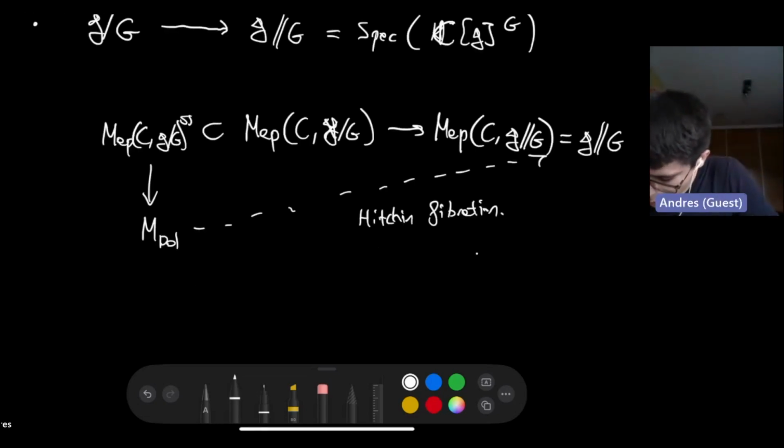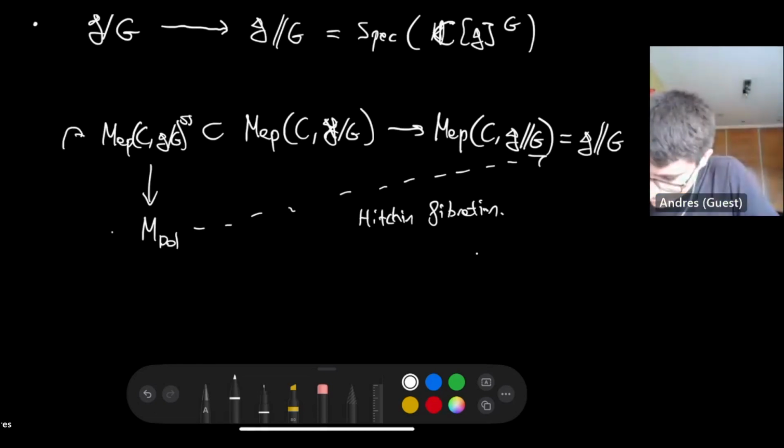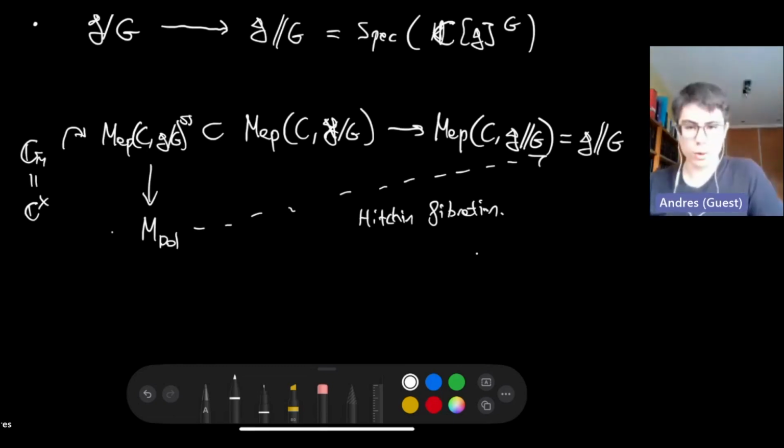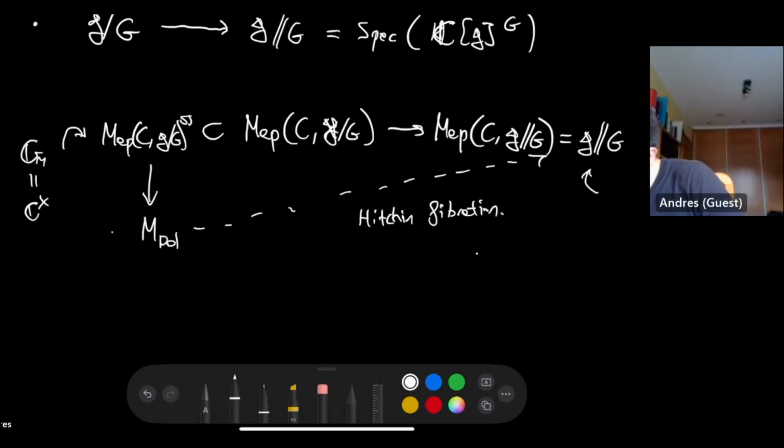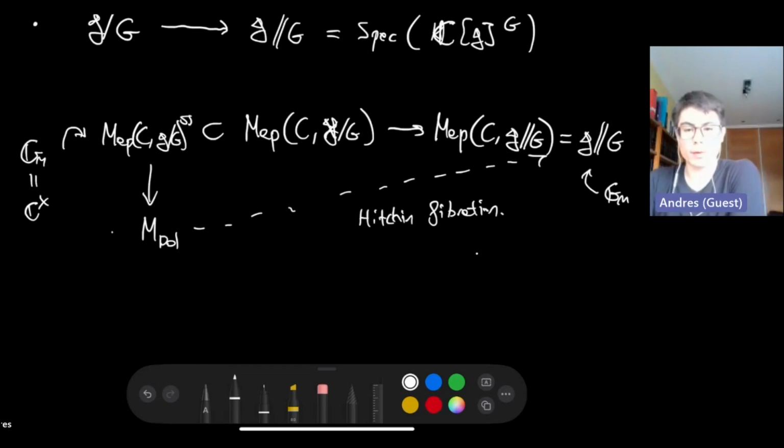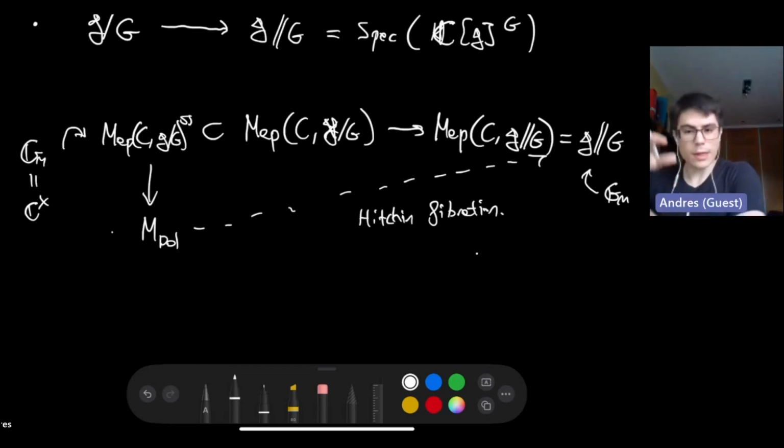And let me just say that there's an action of the multiplicative group on the moduli of Higgs bundles. You can scale the Higgs field, and similarly, there is a multiplicative action here, and this morphism is equivariant. So somehow we have this class, we push forward to the affine thing.